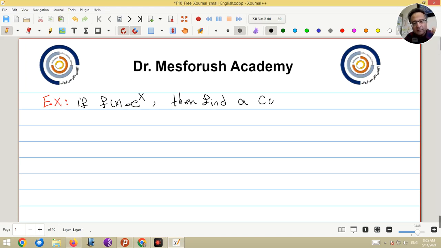find a cubic natural spline. When we say natural spline, it means that we use the natural conditions, I mean, s double prime at x0 equal to s double prime at xn be equal to 0.